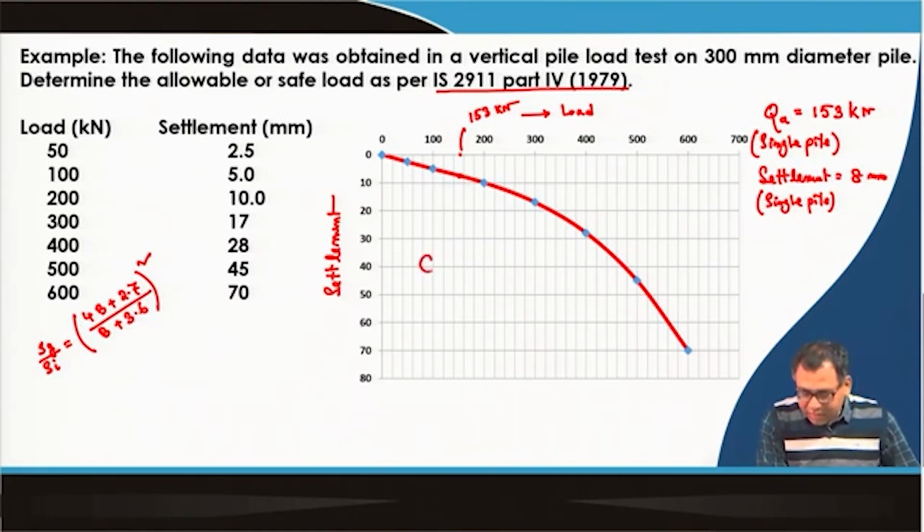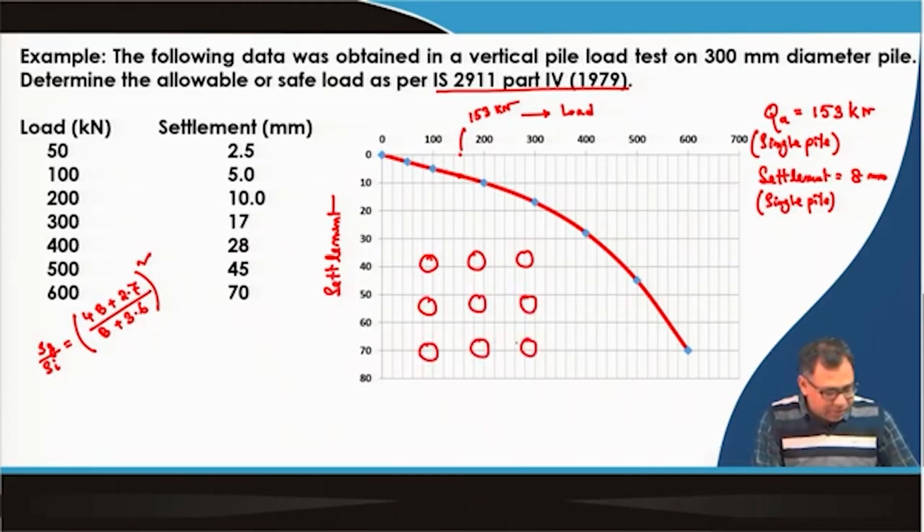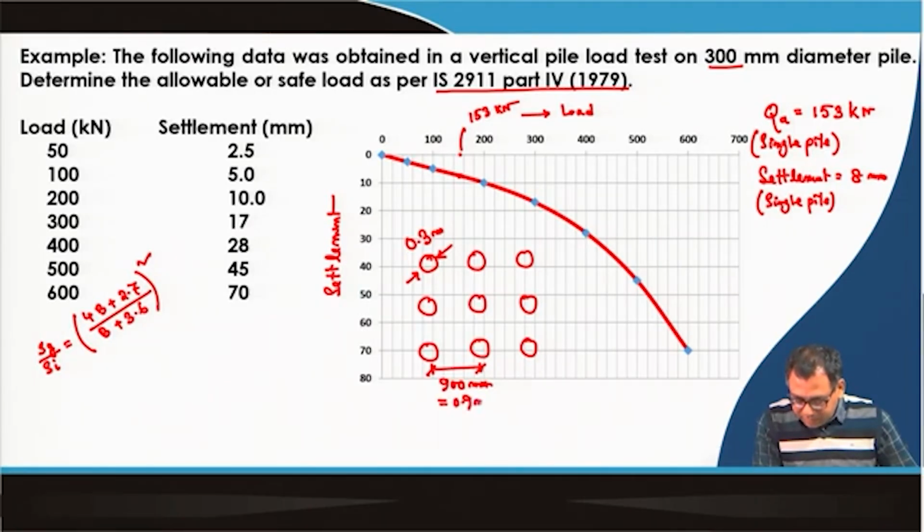It is a square pile group where the spacing is 900 millimeter and the diameter of the pile is 300 millimeter, or 0.3 meter. Spacing is 900 millimeter or 0.9 meter.